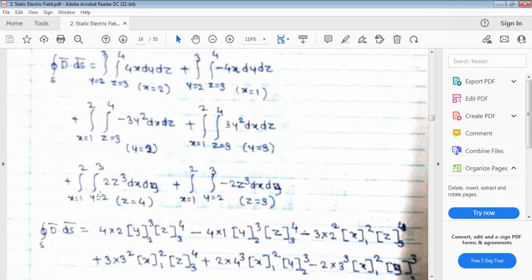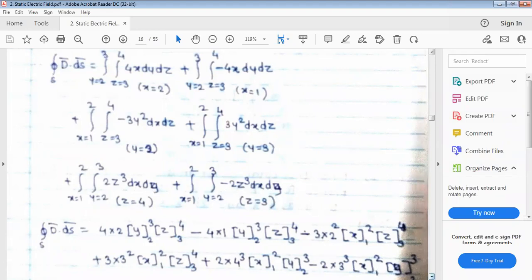Then for the next, 2z³, z equals 4. So it is 2 into 4³ into x from 1 to 2, and y from 2 to 3. Okay, then minus 2z³, z equals 3. So it is 3³ into x from 1 to 2, and y from 2 to 3.